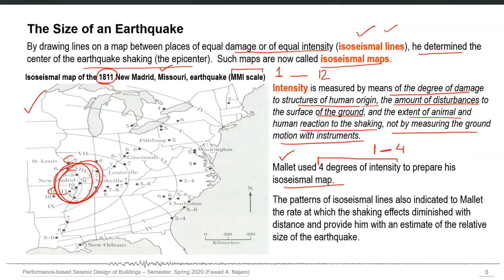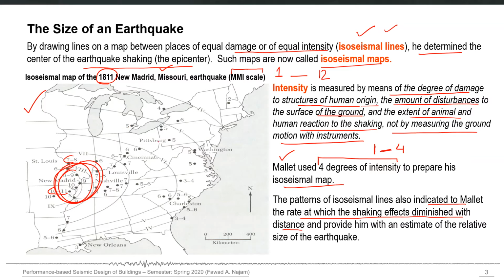The patterns of the isoseismal maps, the lines, also indicated to Mallet the rate at which the shaking effects diminish with distance. So he could guess how fast or how slow the damage effects are reduced as we go away from the center.